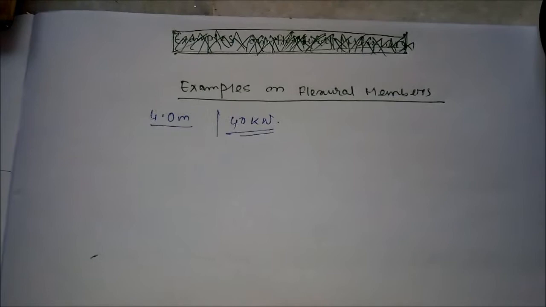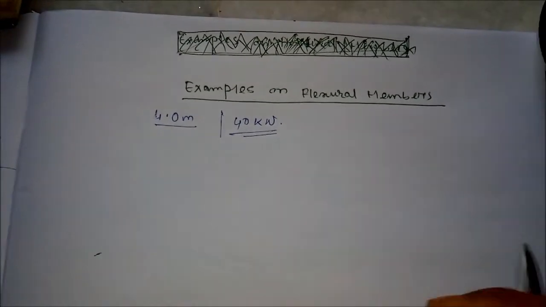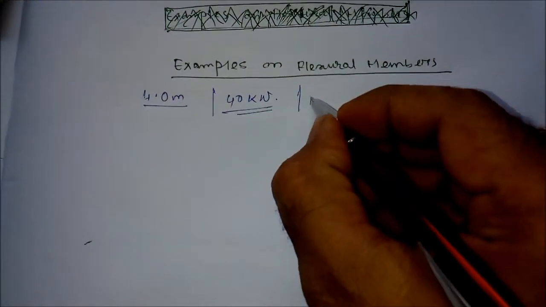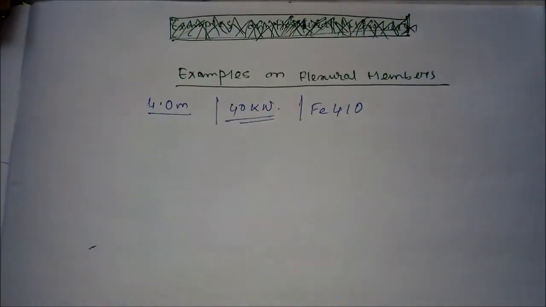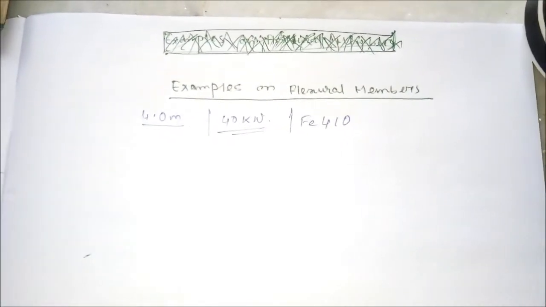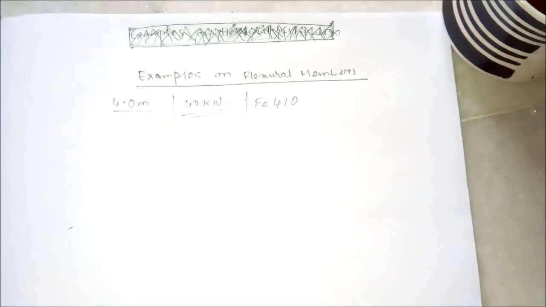So those are the cases they have said, and they have said to design an appropriate section using steel of grade Fe 410. And you have to design this. Now how can we design it? So let's design it taking various steps.